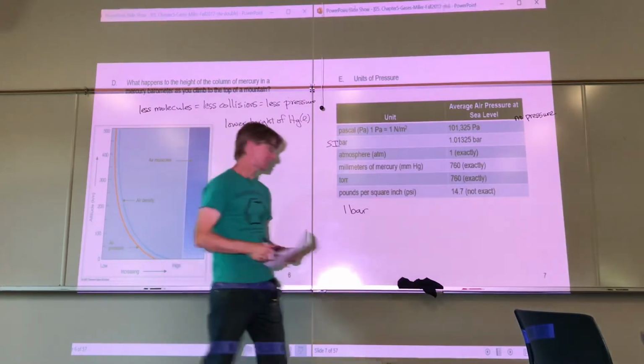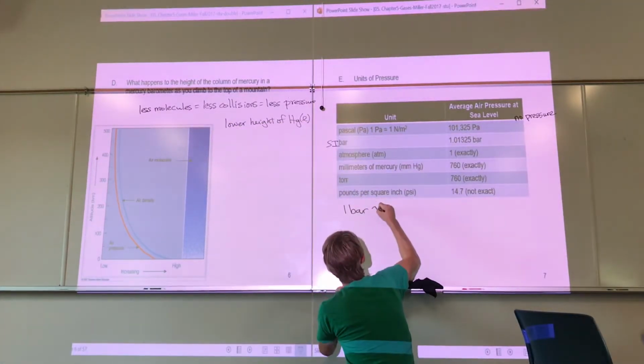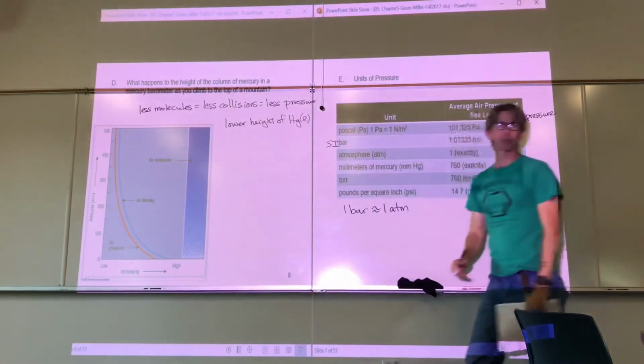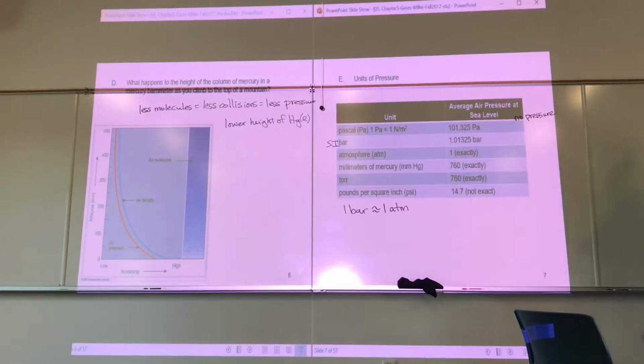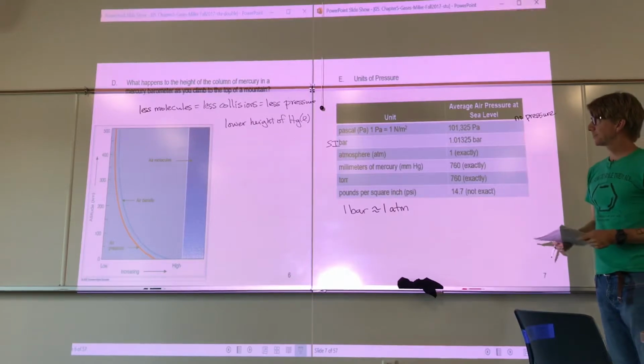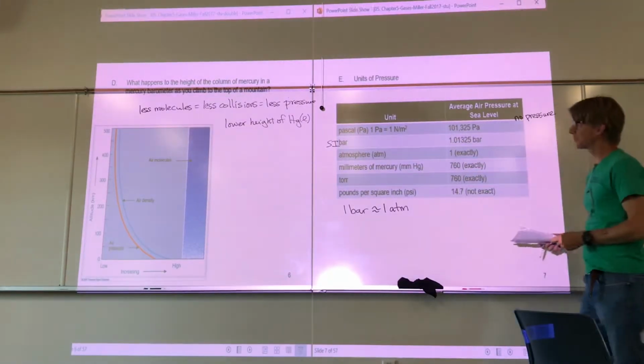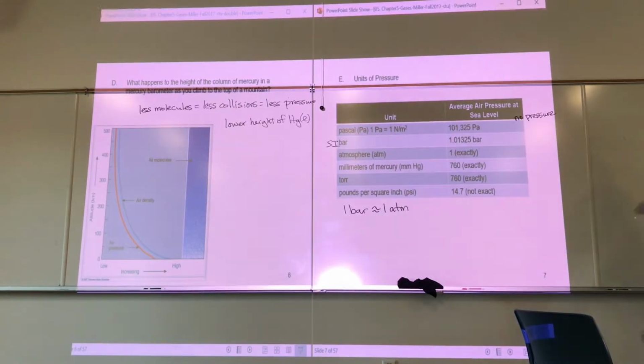But pretty much for this class, 1 bar is approximately equal to 1 atmosphere. And we will talk more about that, but you can see they're very close. Pascals actually talks about newtons and meters squared, and we do talk about that.